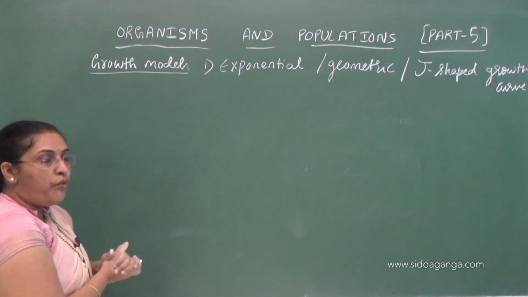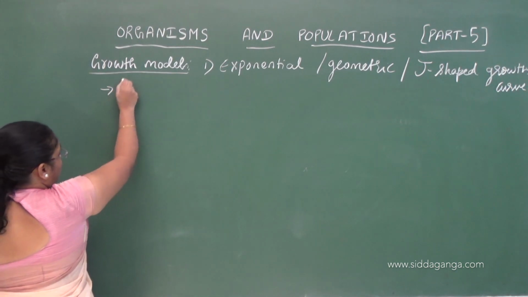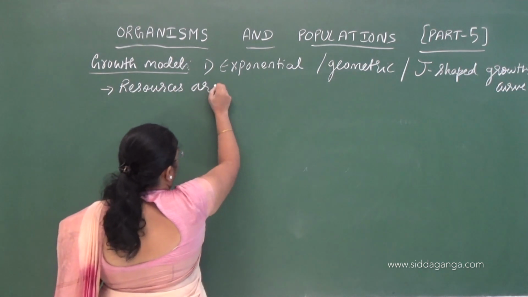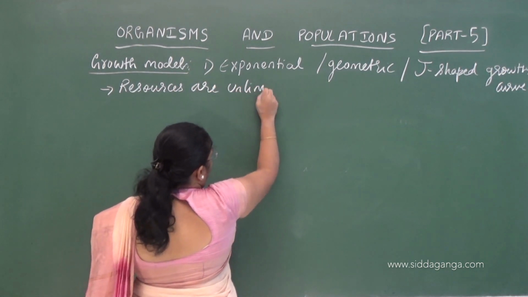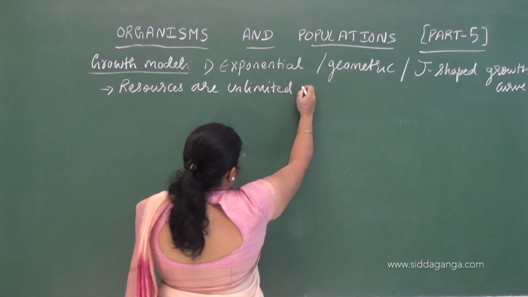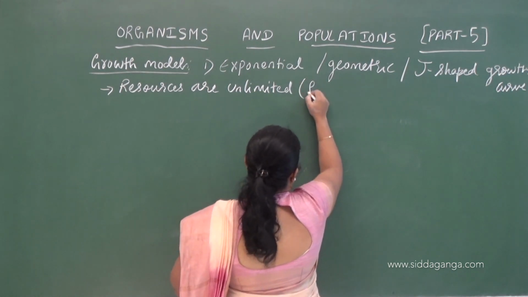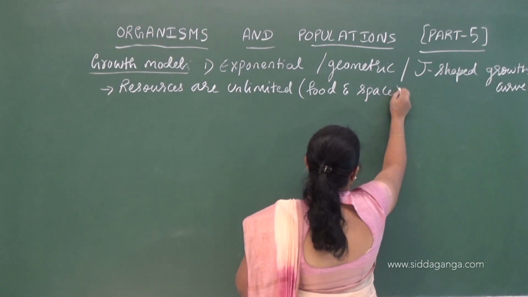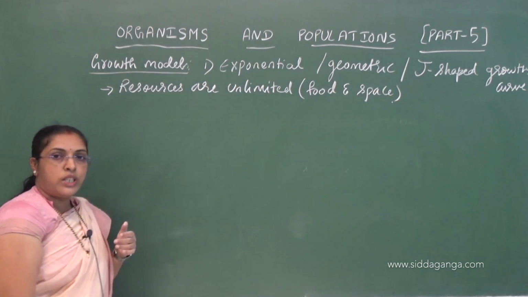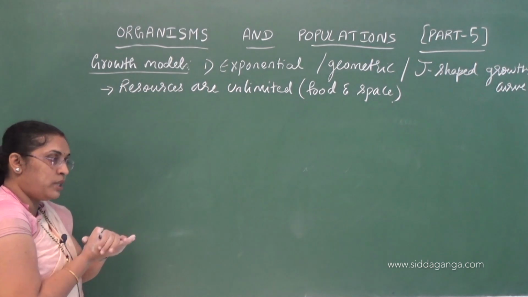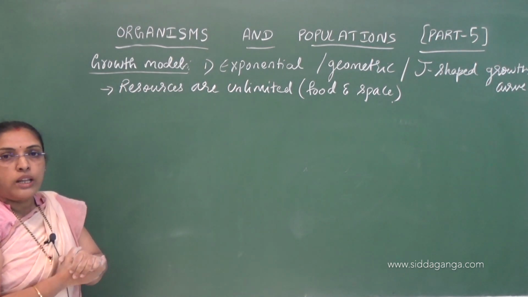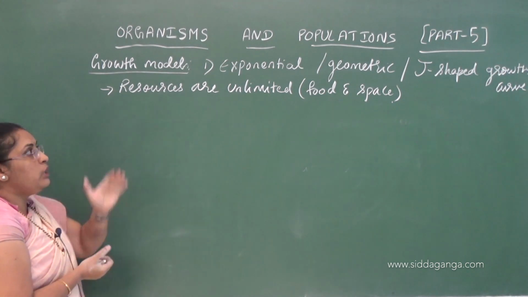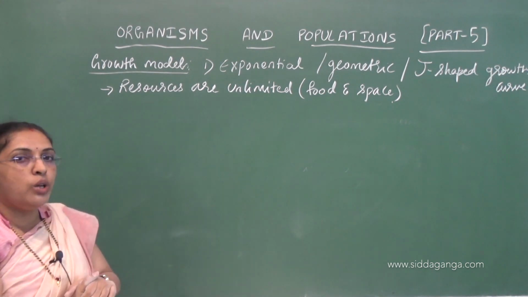This type of growth model we see when resources are unlimited, that is, food and space. When the availability of food and space is more, then we see an increase in the size of the population. That gives us exponential growth.